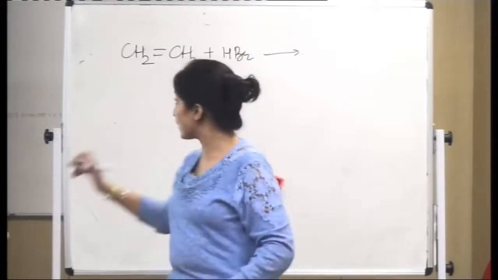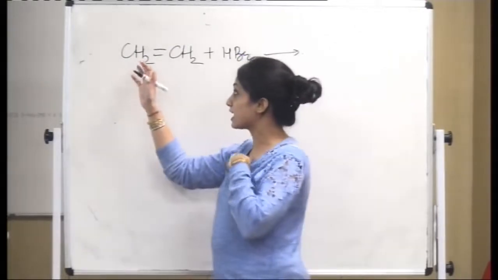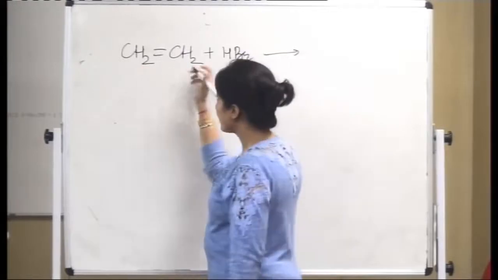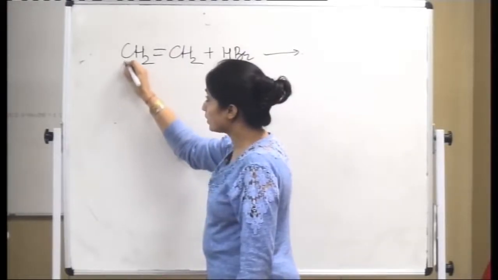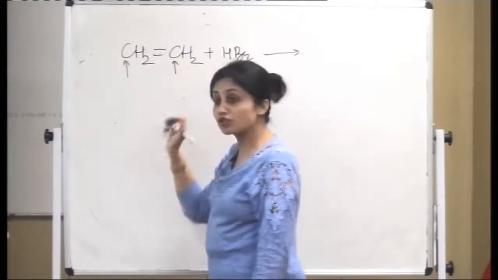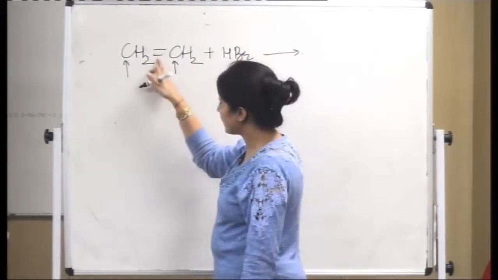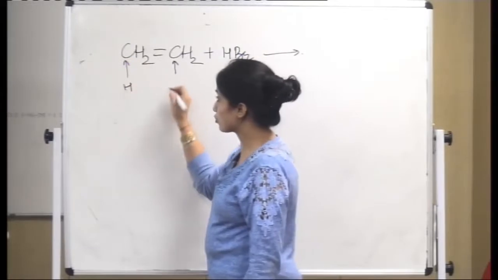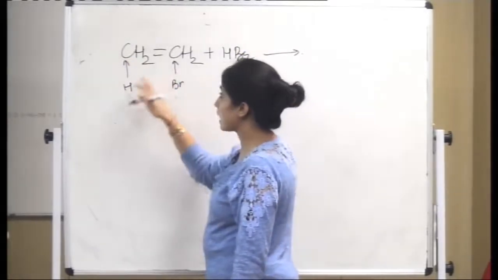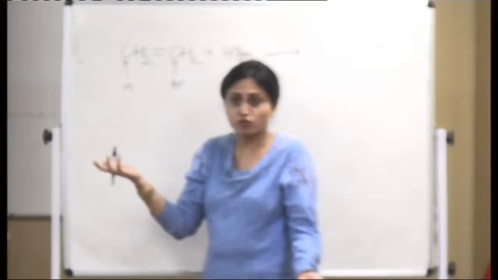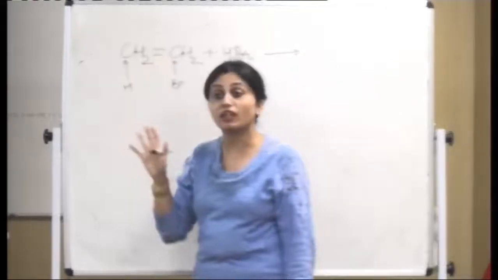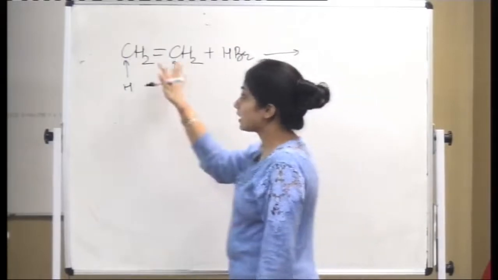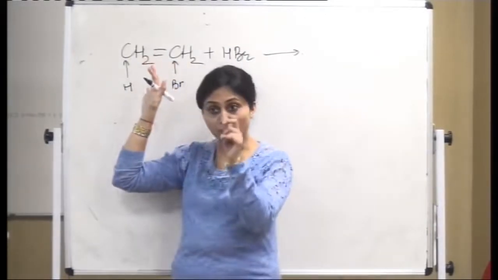So when you have a double bond here, how can you form a bromide? This can undergo an addition reaction. Across this double bond, one CH2 gets a hydrogen and the other gets bromine. Here it doesn't matter which goes where, because it is a symmetrical alkene. In a symmetrical alkene, remember that the addition will always take place around the double bond region.